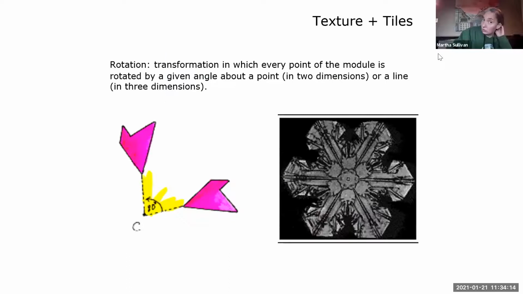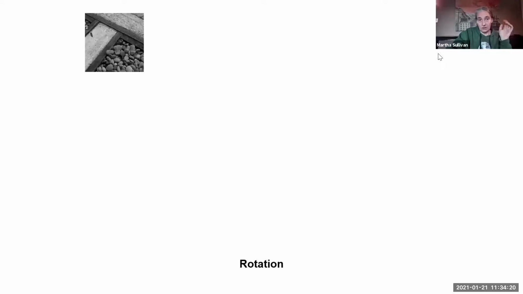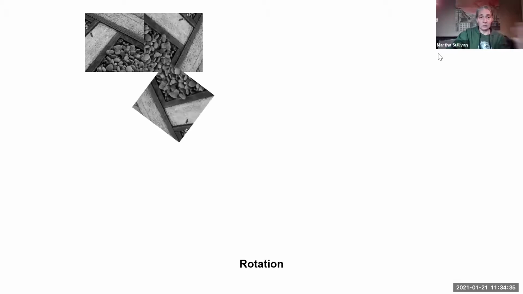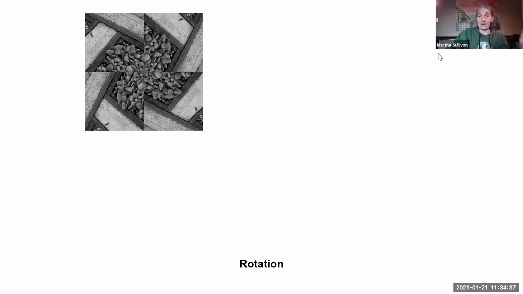So taking some point of a module, some idea of a form, and then rotating it around a center point. For us, I have this little image. We're going to use photography over the weekend to help us investigate textures, but I just took this. Imagine this as a tile. If I start to rotate that tile and put it back together, then I get a pattern that maybe wasn't evident in the single module.